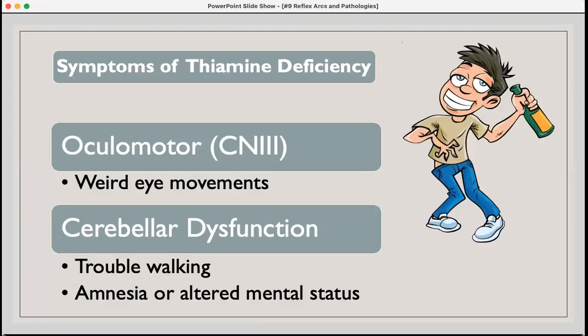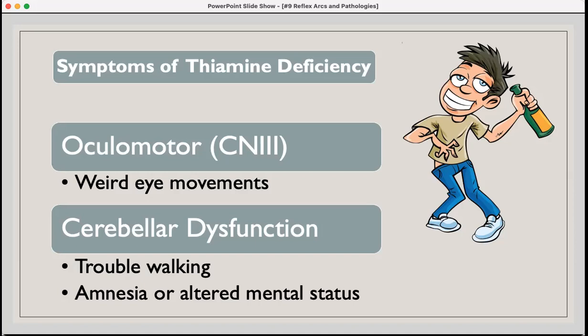So what happens with thiamine deficiency? The symptoms are oculomotor, so it's affecting those nerve cells. Cranial nerve 3 innervates the nerves of the eye, so you get weird eye movements. It affects the myelination of peripheral nerves, so people have trouble walking, and they can have amnesia or altered mental status because it's affecting the blood-brain barrier.